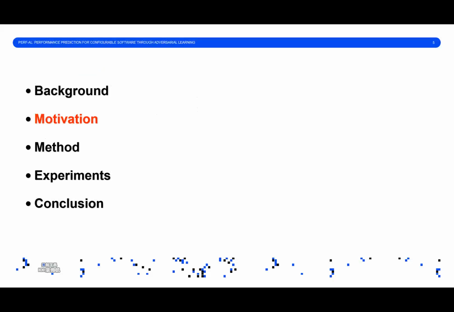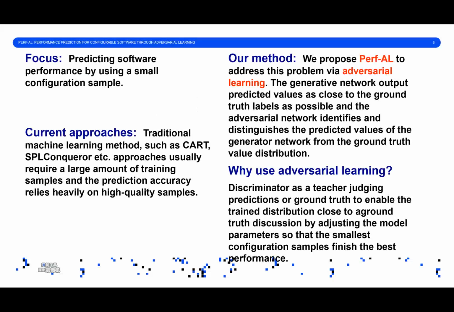And then, how about the motivation? In this paper, we want to focus on predicting software performance using a small configuration sample. But current approaches concentrate on traditional machine learning methods, such as CART and SPLConqueror approaches.